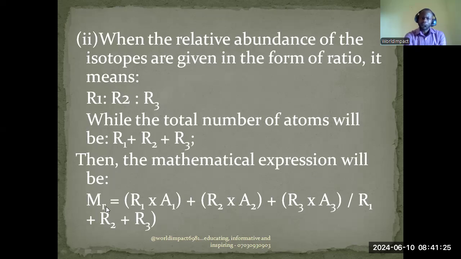So the relative atomic mass using ratio would then be the ratio of the first isotope times its mass number plus the ratio of the second isotope times its mass number, and so on depending on the number of isotopes given, divided by the total ratio of the isotopes given. So if it is 2, that would be the ratio of the two isotopes that are given. If it is 3 and 4, you are going to have the sum as your denominator.